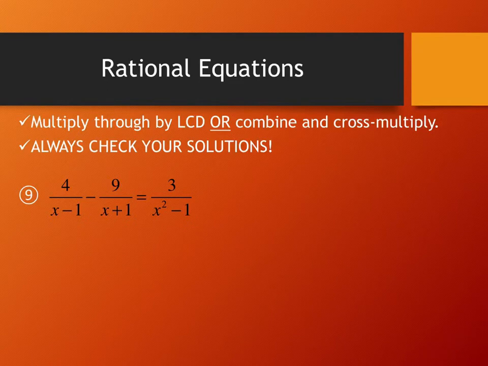Because if I had 1 as my solution, I'd make the denominator, the first one, equal to 0. If I got x is equal to negative 1 as my solution, I might have done everything right, and it still is not really a solution to the problem. It actually came about because of the way that I solved the problem, and I have to not include that particular one. So those are possibilities when we have rational ones.